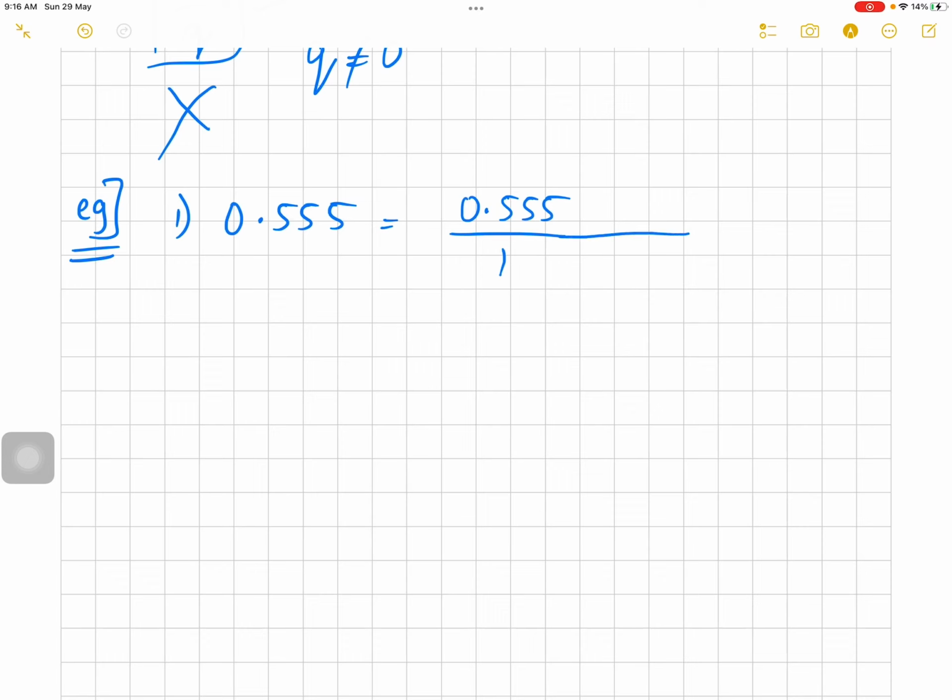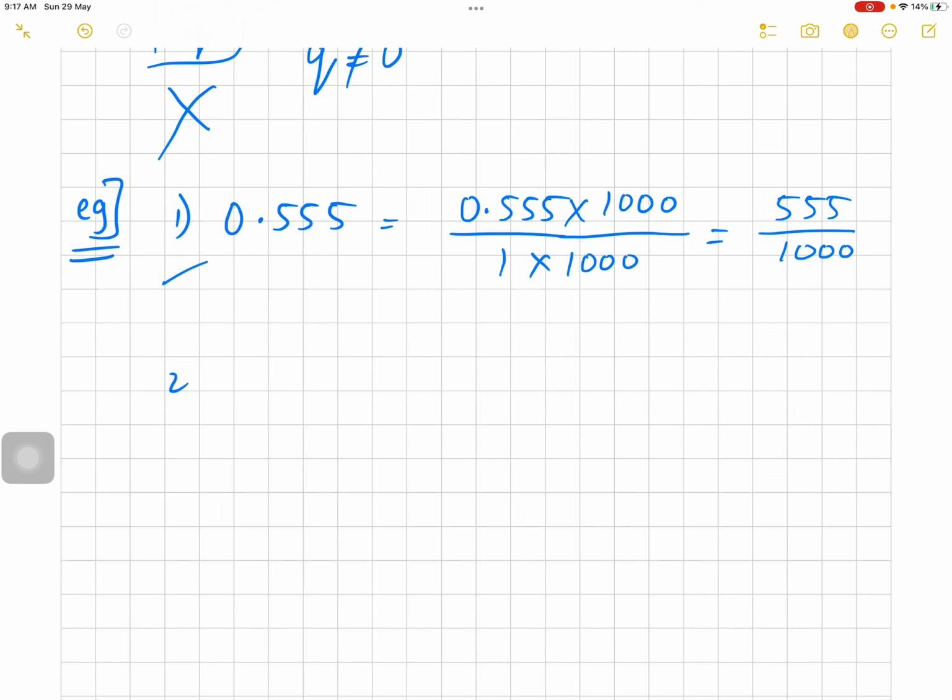You multiply the numerator and denominator by 1000 because there are 3 decimals, so 3 zeros. So this can be written as 555 divided by 1000. Therefore, it is a rational number.